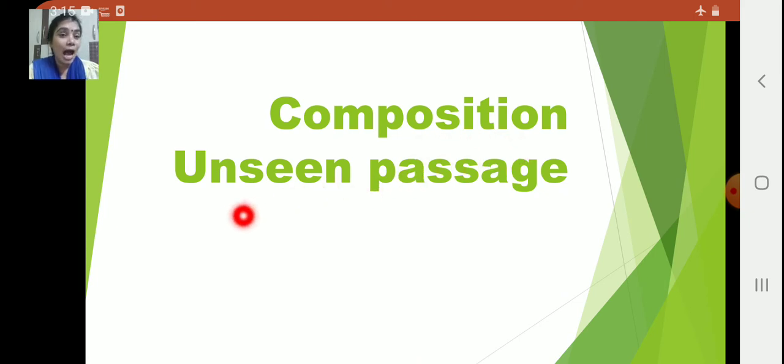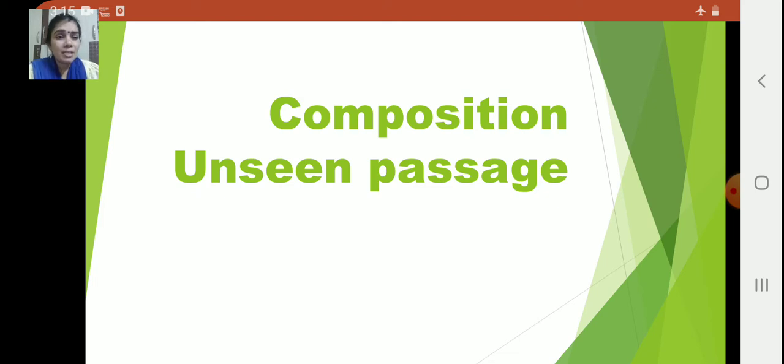Composition, unseen passage. So our today's topic is unseen passage in the composition. Now, what is this unseen passage? What is the meaning of unseen? Unseen means which we have not seen. Seen passage means which we have seen.